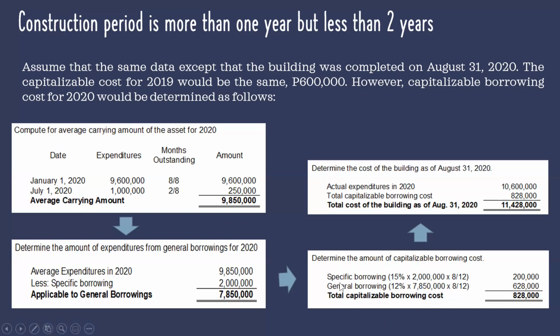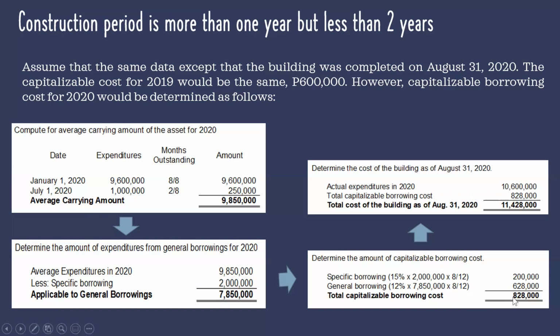And then, for the general borrowings, so as mentioned kanina, di ba, what was applicable is only 7,850,000. So that amount will be multiplied by the percentage, no, the interest rate applicable for the general borrowings, which is 12%. And the same thing lang, no? We just have to multiply it by 8 over 12. Kasi nga, good for 8 months na lang, no? Until na nakompleto ang ating qualifying asset, which in this case, a building.